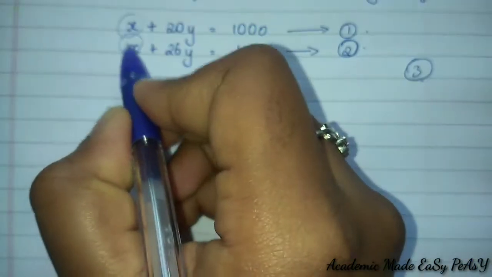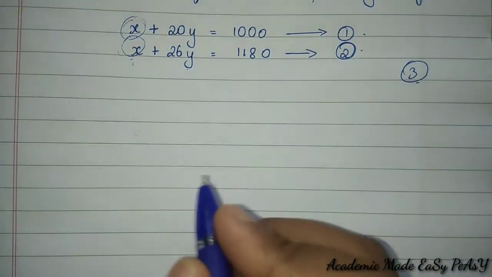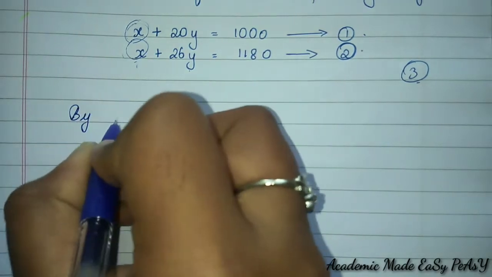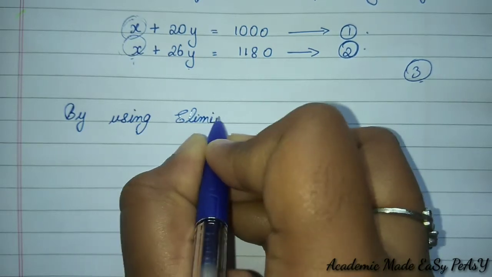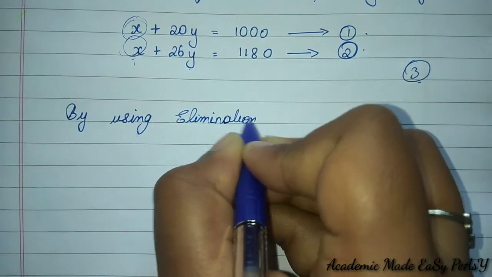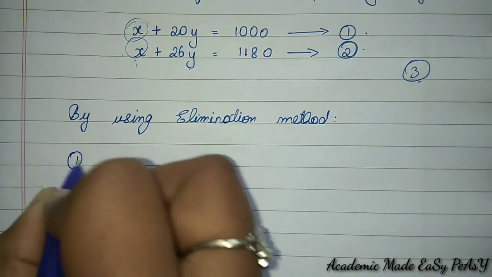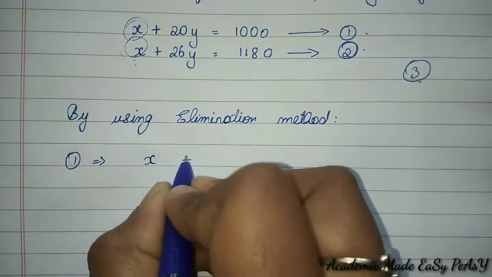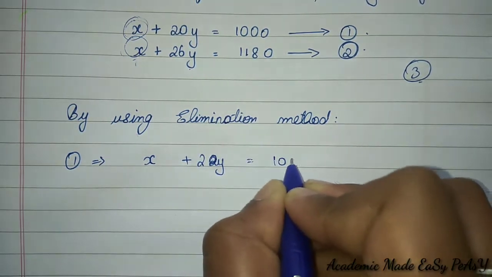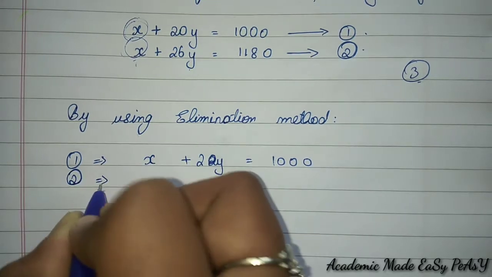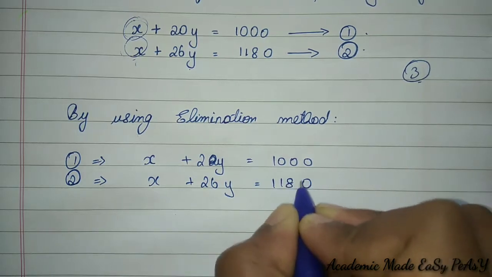Since my coefficient of X is the same over here, I will be using the elimination method. So by using the elimination method, my equation 1 implies x plus 20y is equal to 1000, and my equation 2 implies x plus 26y is equal to 1180.